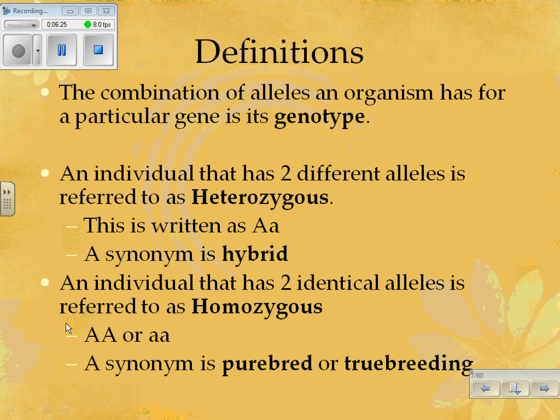So these letter combinations, the actual letters, are the genotype. Big A, big A would be a homozygous dominant. Big A, little a would be a heterozygous individual, and little a, little a would be a homozygous recessive.